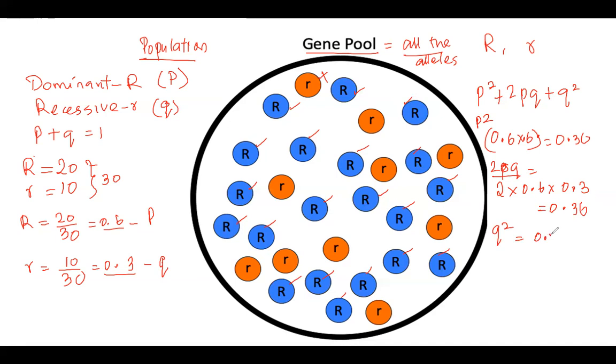Q squared is equal to 0.3 times 0.3. 0.3 times 0.3 gives you 0.09. So that's q squared. So let's add them together: 0.36 plus 0.36 plus 0.09. It should give you 1. It's almost 0.81, which, when you round it up, is equal to 1.